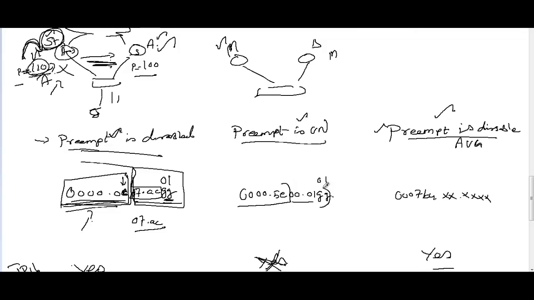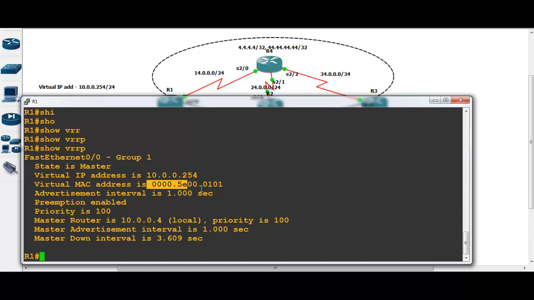This GG will be the group number that we said, 1, so it is 01. The advertised interval is every 1 second, and the master down time is 3 point something, based on the calculation we were discussing. And you see the preemption is enabled by default, and the default priority is 100.